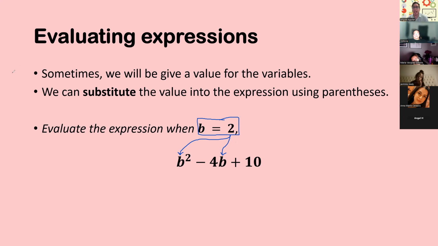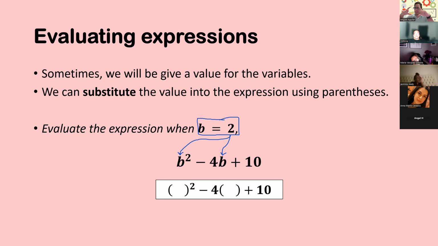When you are asked to evaluate an expression or plug something in, what I'm telling you is first, write the expression and replace the variable with an empty set of parentheses, right? So I'm taking the b out of the expression and I'm just putting an empty set of parentheses wherever there was a b. Because I said before, the variable is just a placeholder. So we're going to put those parentheses in place.